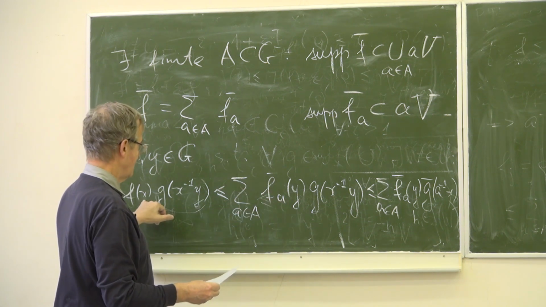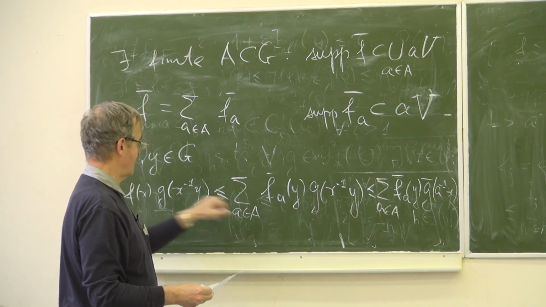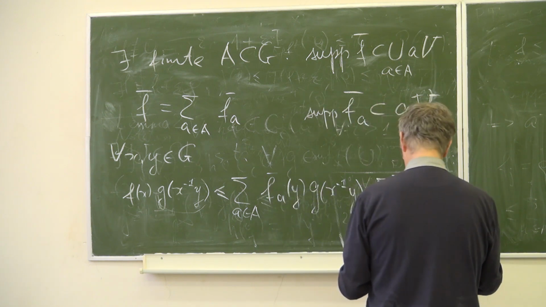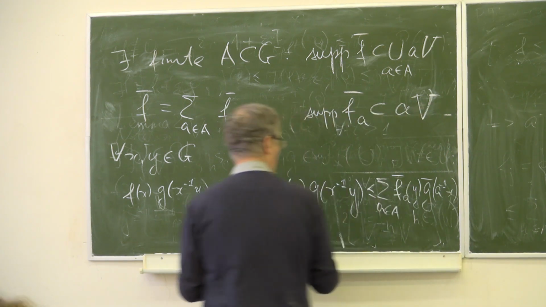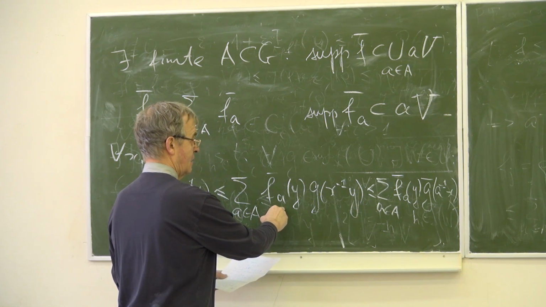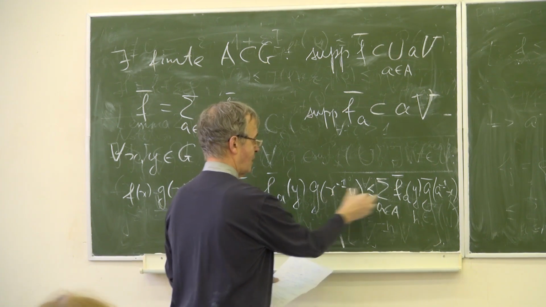So we can replace this by here f of x by f of y. Okay, and now here what do we do here? We replace here this thing by this thing.